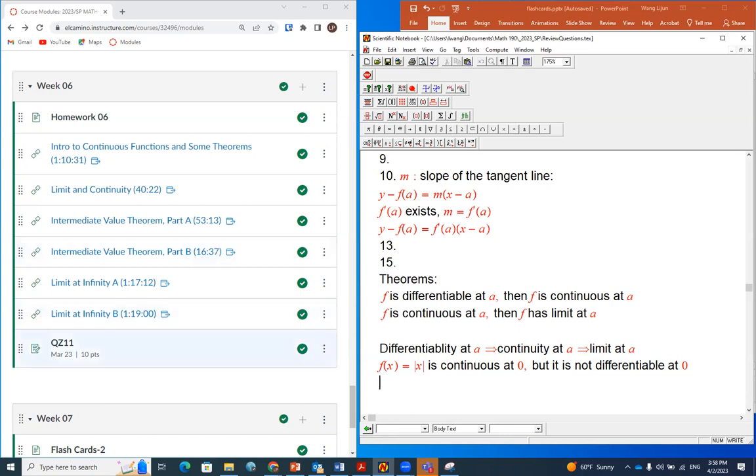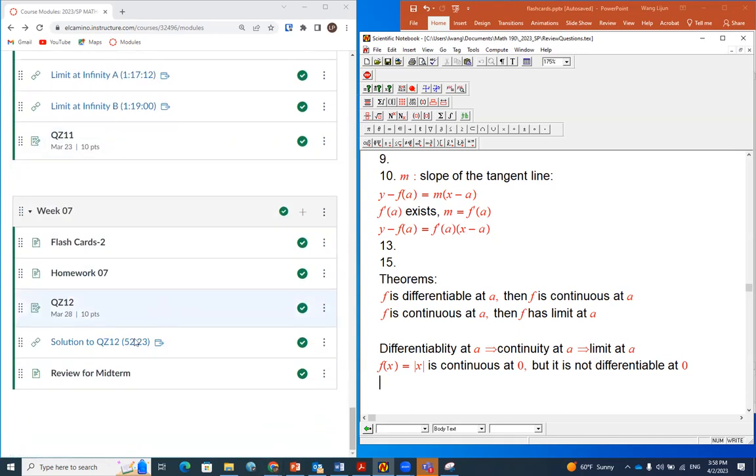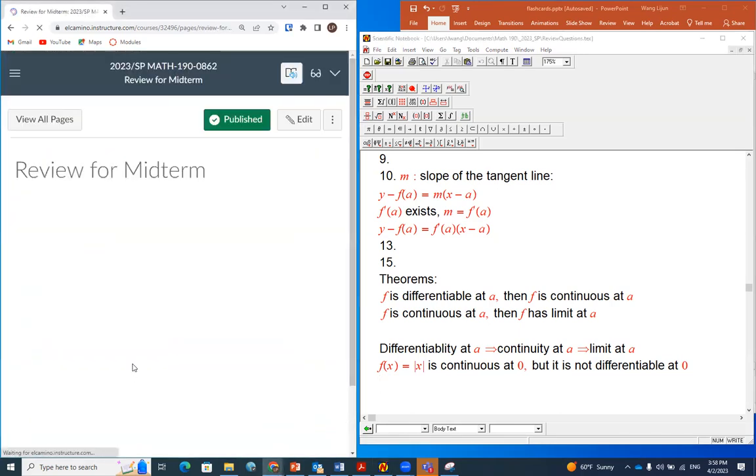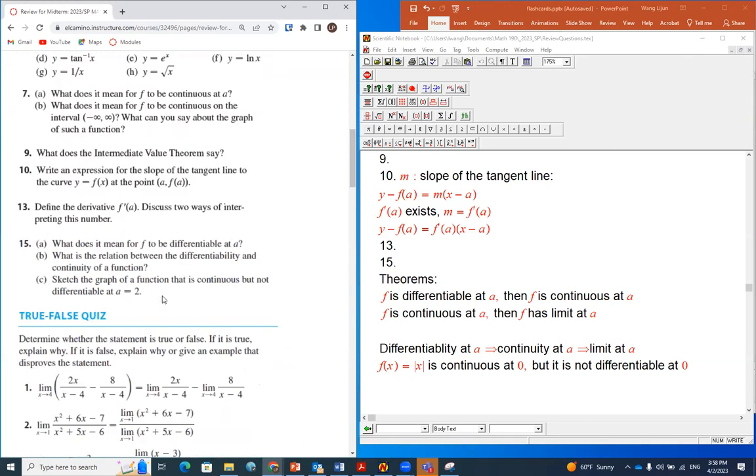So that's in summary. I think that's the last question on concepts. That discusses the relation between differentiability and the continuity of a function. But don't ignore the other lesson I made earlier on the relationship between limit and continuity.